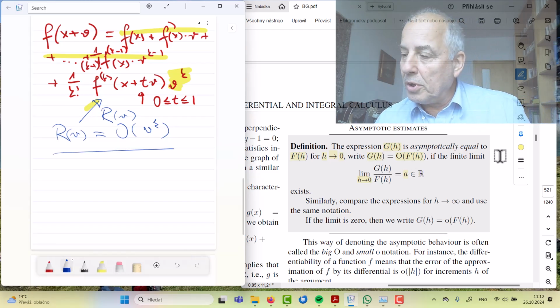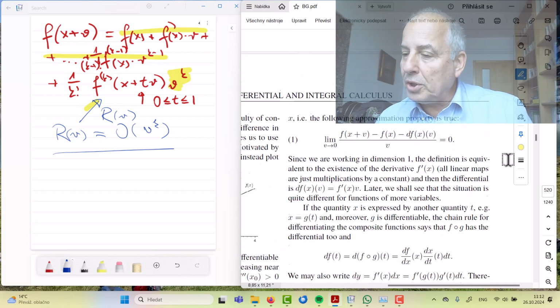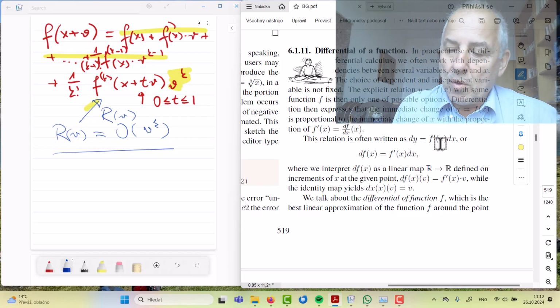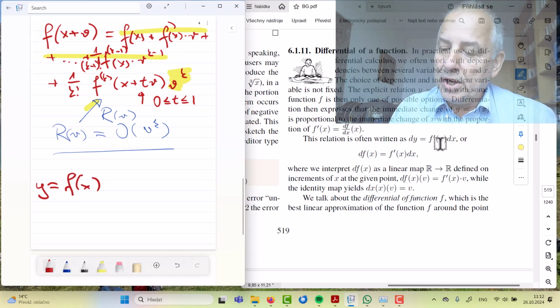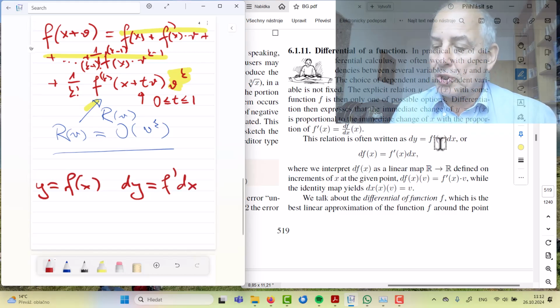Now we can come back to the differential. If y equals f of x, then we wrote that dy was f prime of x times dx.